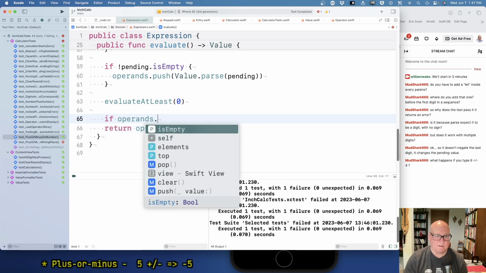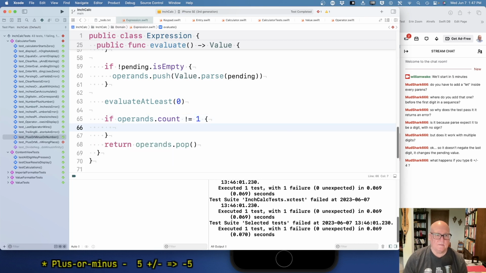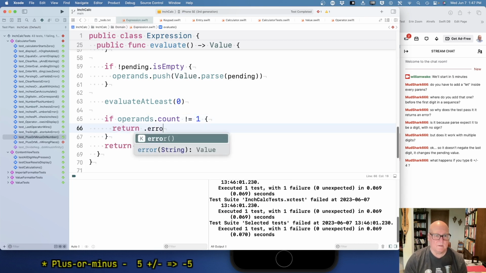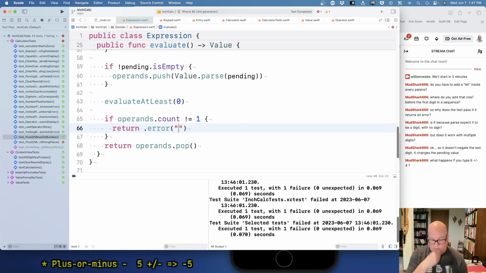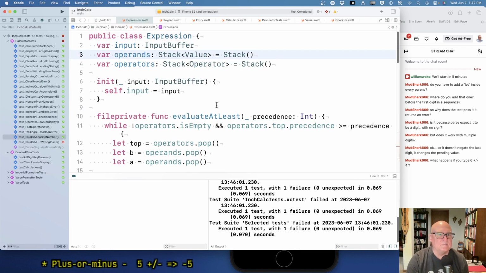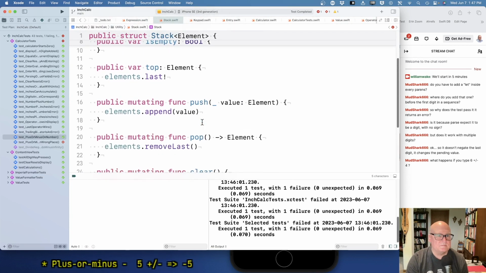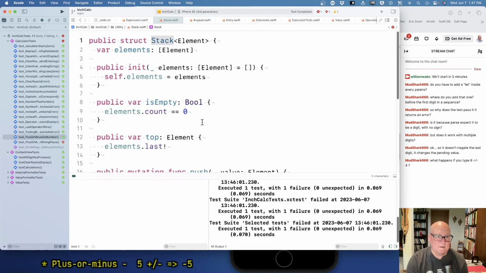If operands count is not equal to 1, then we're going to return error. Count has no member count, really. Operands is a stack.